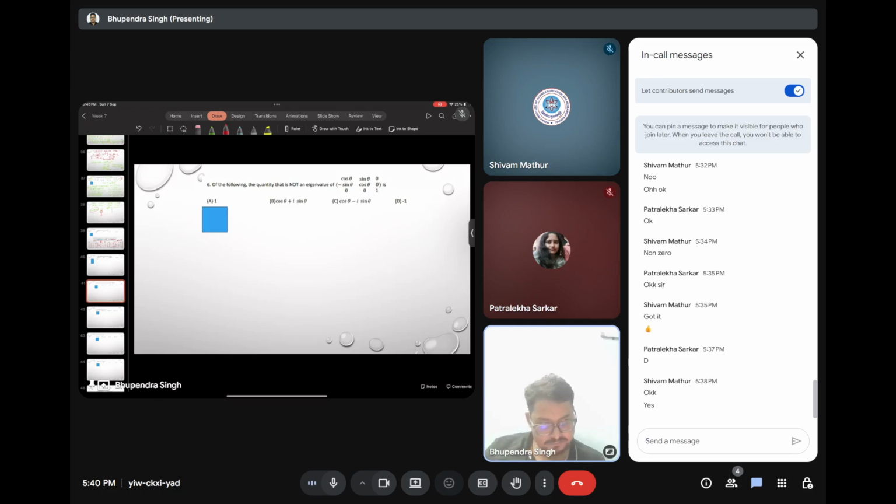Looks like there is no response, so A minus lambda E equal to 0.